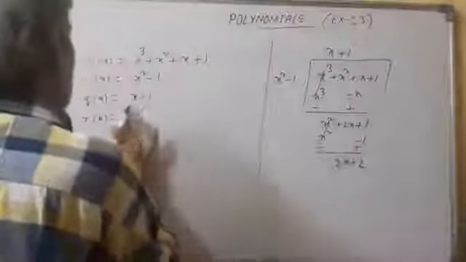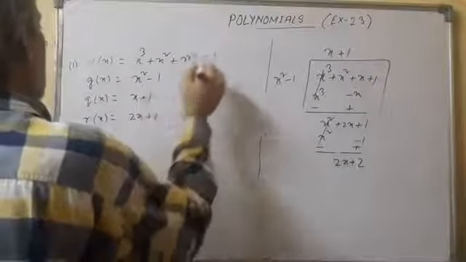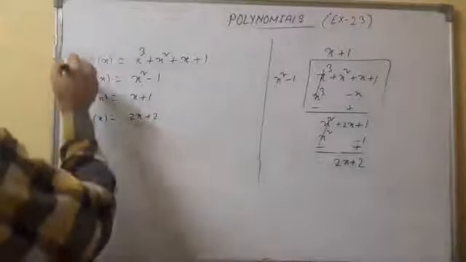So we are getting 2x + 2 here. So this is our second part.